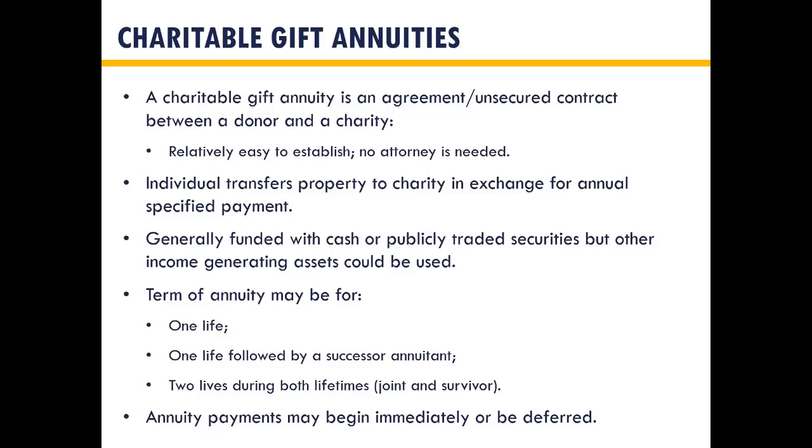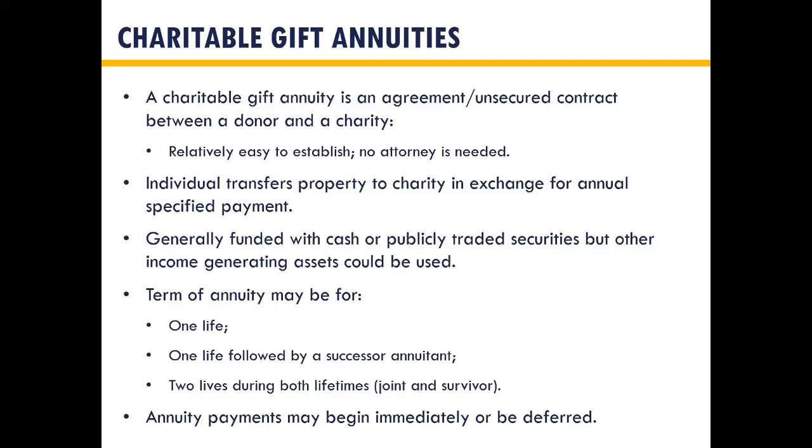Larger organizations may have these complex charitable gift annuities. I say they're complex just because there is some administration that goes into them over the lifetime of that annuity. And certainly by volume, the more beneficiaries that you have of those charitable gift annuities, the more complex it is to manage those.